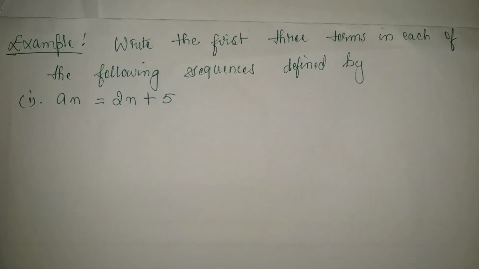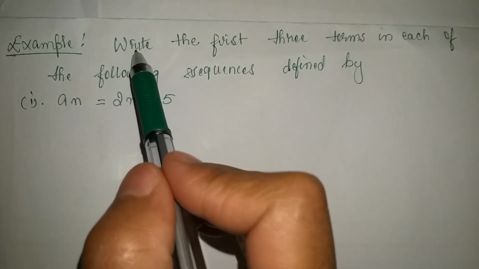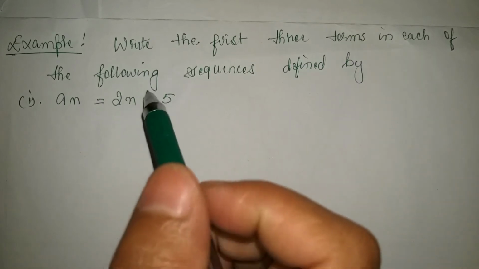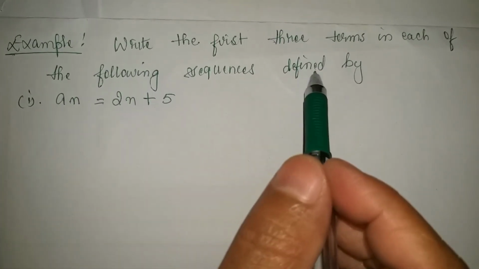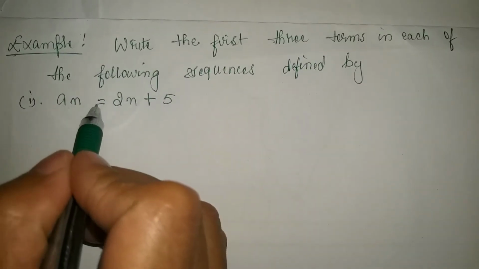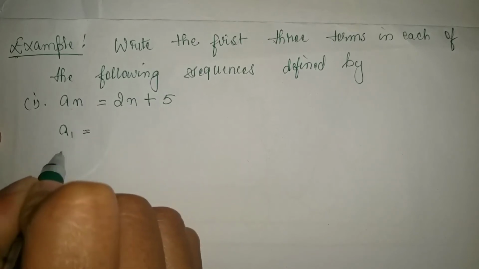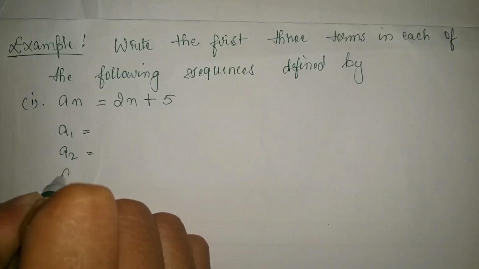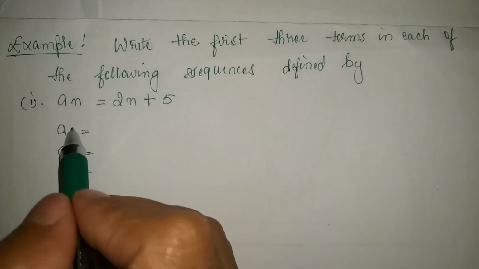So let us do another example. In this example, it is saying write the first three terms in each of the following sequences. Okay, the first sequence is defined by an equal to 2n plus 5. So I have to find a1, a2, and a3, which are my first three terms.